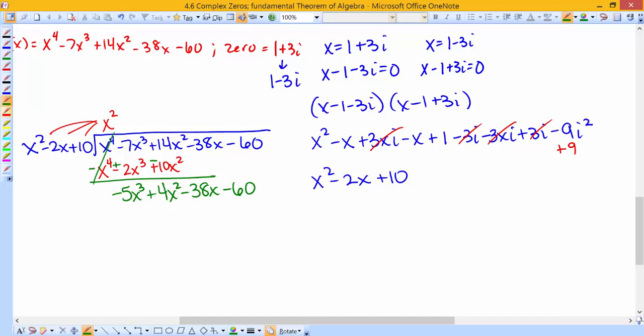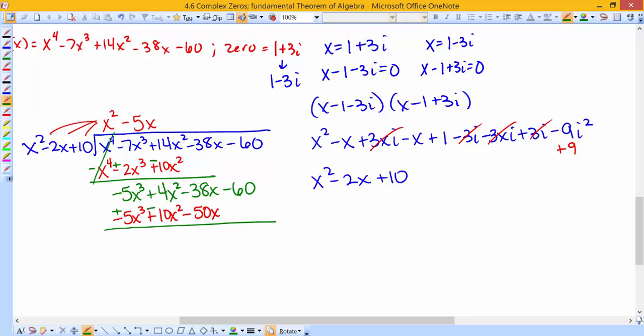So now let's divide again. X squared, to get negative 5x cubed, it needs a negative 5, and it needs an x. Now I multiply again, and I get negative 5x cubed plus 10x squared minus 50x. Now I need to subtract, which means my signs change.